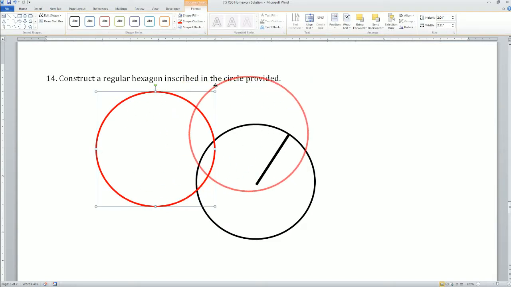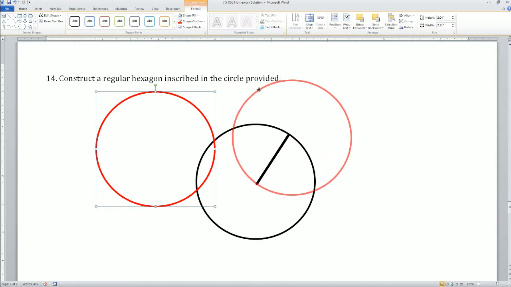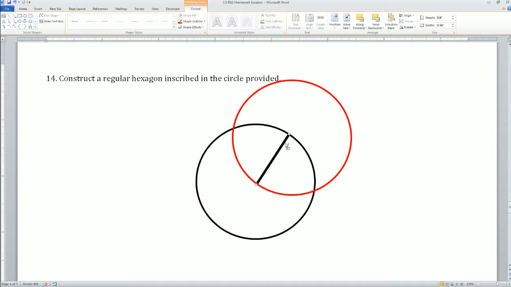Then we want to curve it right here. This is also the black radius of this black circle or the red radius of this circle. It's both. Good. From here, you can start constructing your other radii.